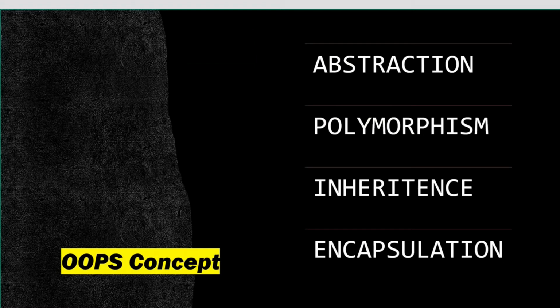When I say 0 to 100% abstraction, it means you are hiding some details and showing some details. When I say 100% abstraction, I mean you are hiding each and every detail. So inside the abstract class there are ways through which you can hide something and show something. We will cover that in our abstract class topic.